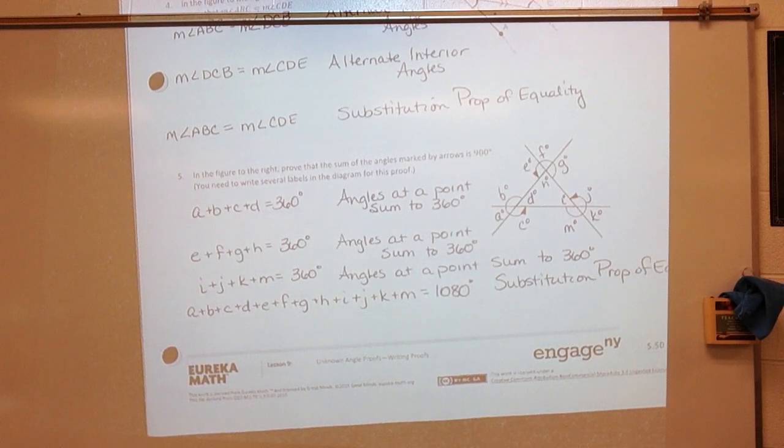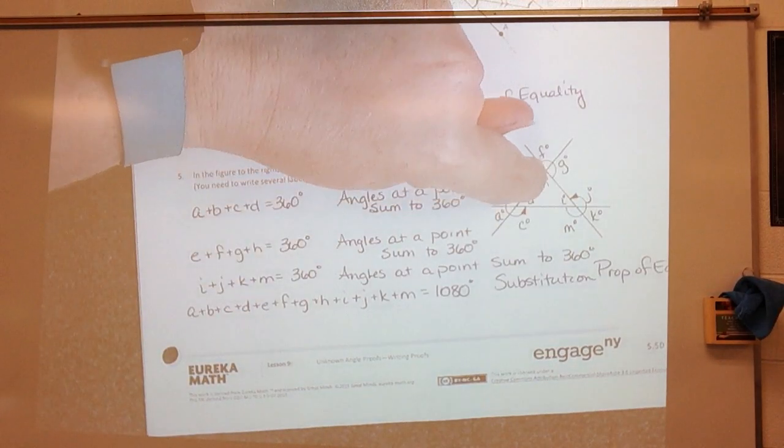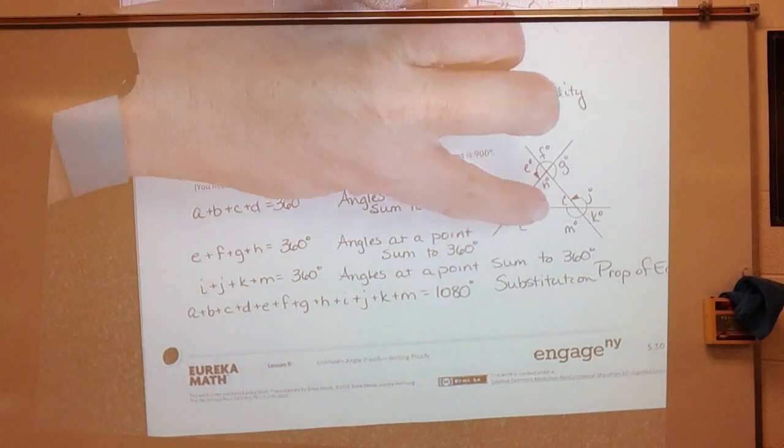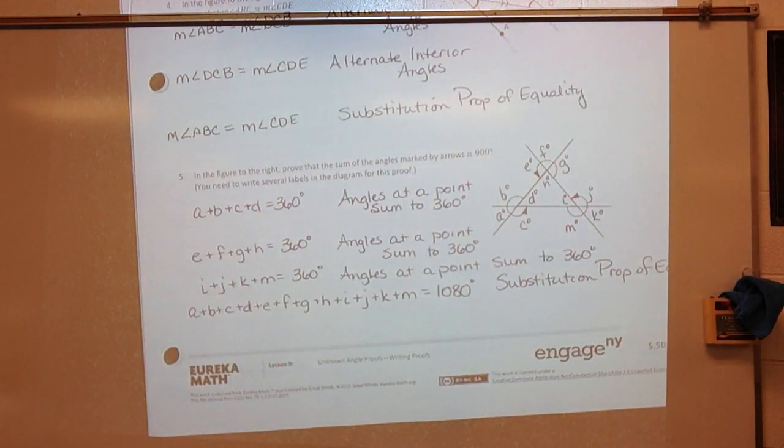Alright, so now that I know that, notice what I have here though. I have a triangle. What do I know about that triangle? What do I know about D, H, and I? Well, D, H, and I equal what?